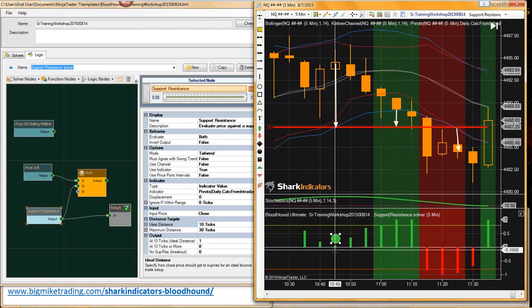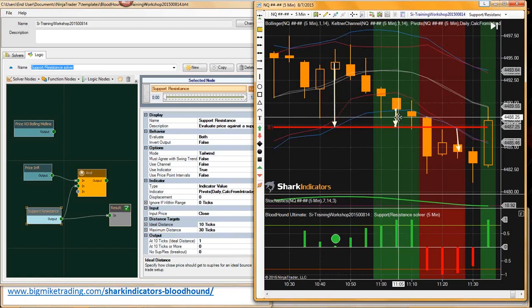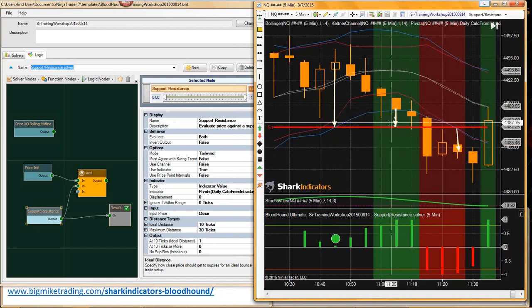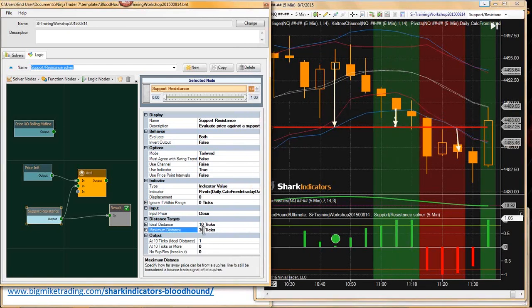Whereas down here, it looks like we got about 1 or 2% of an output because price is essentially 30 ticks away. And then here, price got 10 ticks or closer. This could be even closer than 10 ticks. So that's how you can use the fuzzy logic part of tailwind mode. So let's just put 10 ticks back in there.